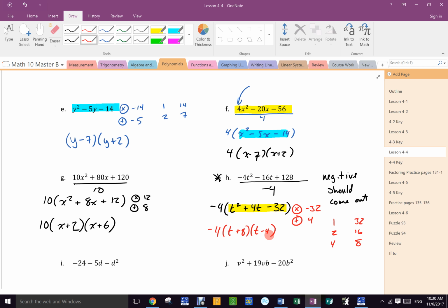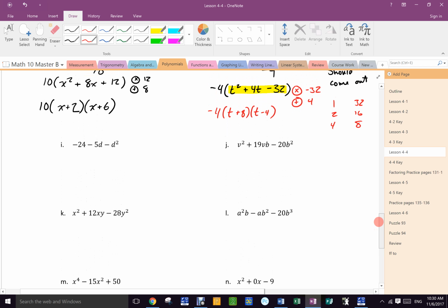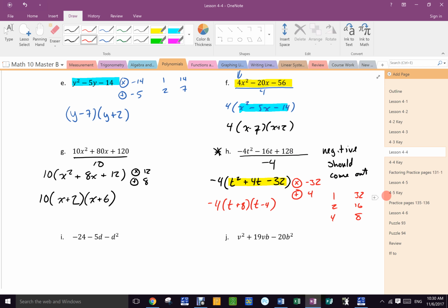I have to show you 2 more things, then you know everything you need to know about this kind of factoring. How does I differ from A, B, C, D, E, F, G, and H? It's flipped around. So what I have in I is negative D squared minus 5D minus 24, correct?